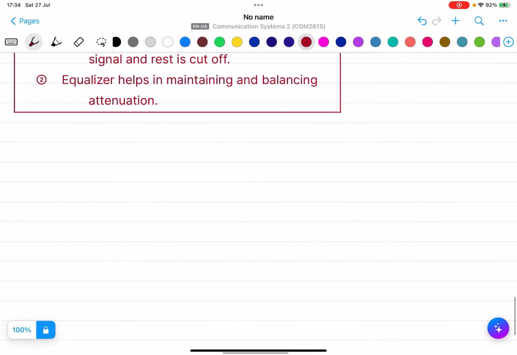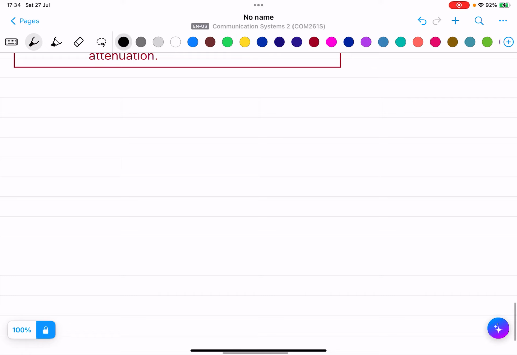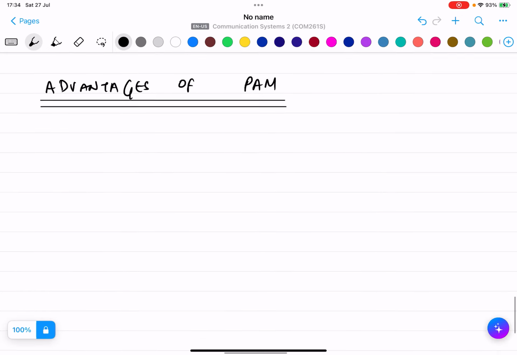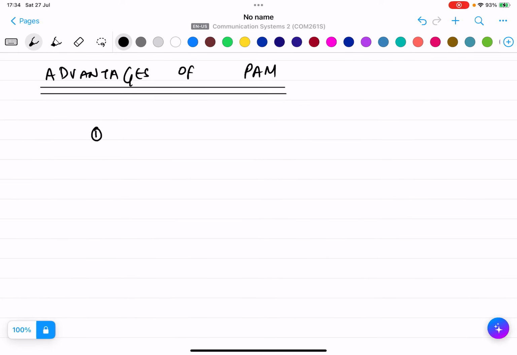Okay, next is advantages of PAM. So the first one is, it is a simple process for both modulation and demodulation techniques.